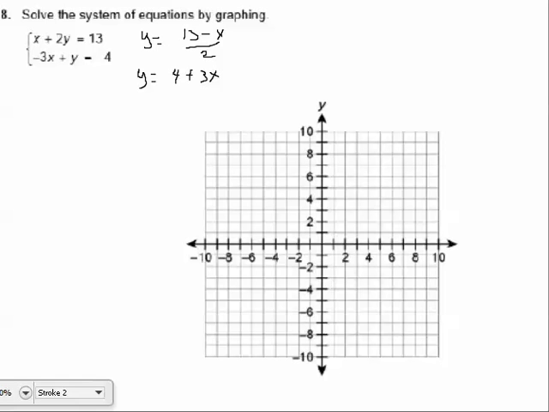Okay, now to graph this equation, 13 over 2, that's 6.5. So it's going to go through that point right there at 6.5. And my slope is negative 1/2. That means it goes up 1 and over 2. That means my line looks something like that.